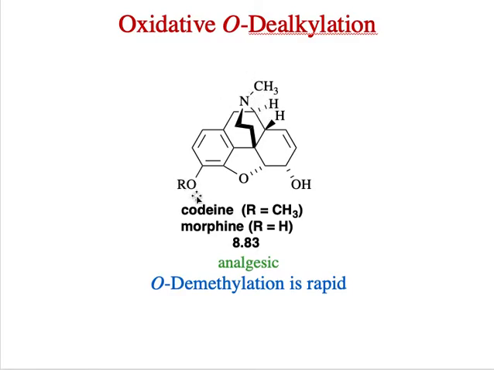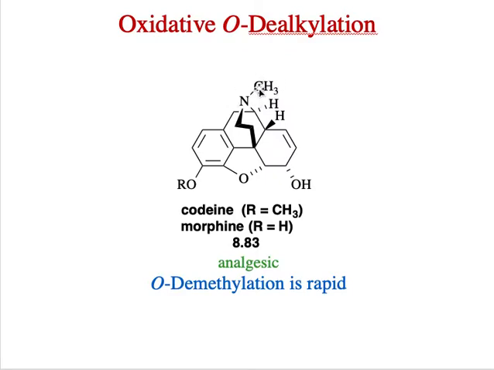R is CH3 versus R equals H. But if this is heroin, sorry about that, this would be acetyl groups there. So you can imagine those are going to have different biodistribution and solubility profiles.